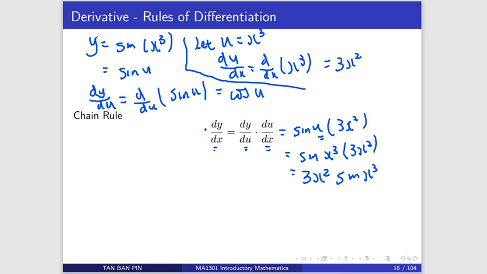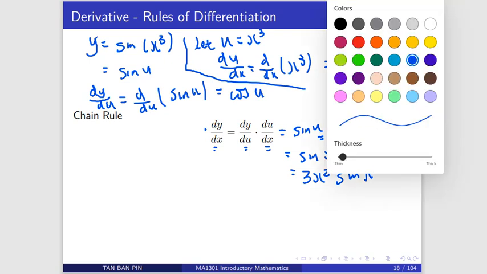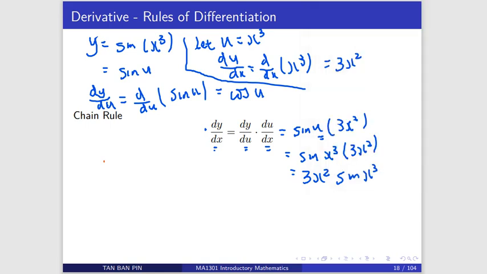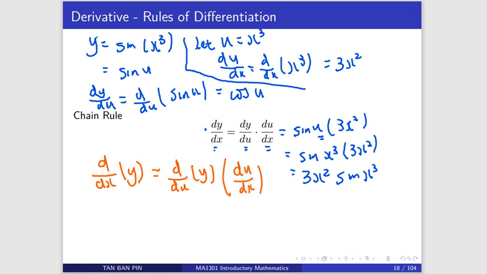Another way to look at the chain rule: you can take it as d/dx of y equal to d/du of y, then times du/dx.